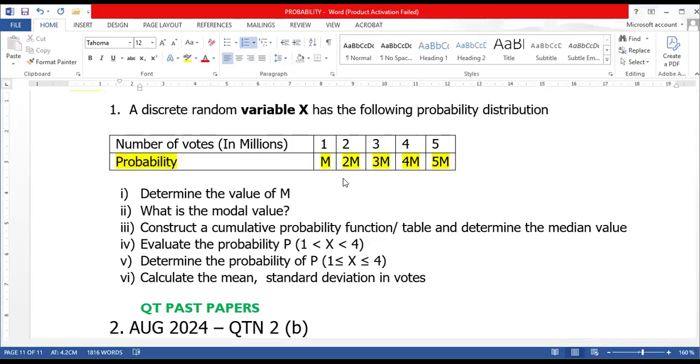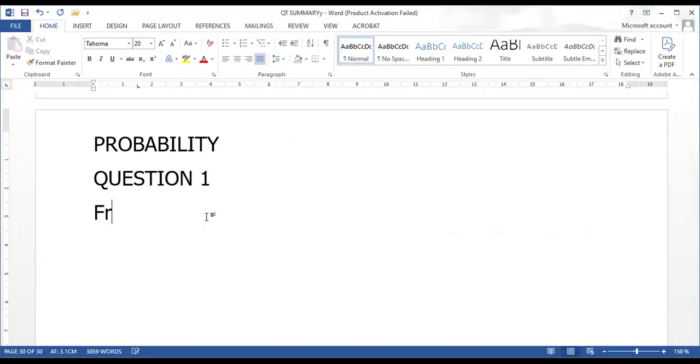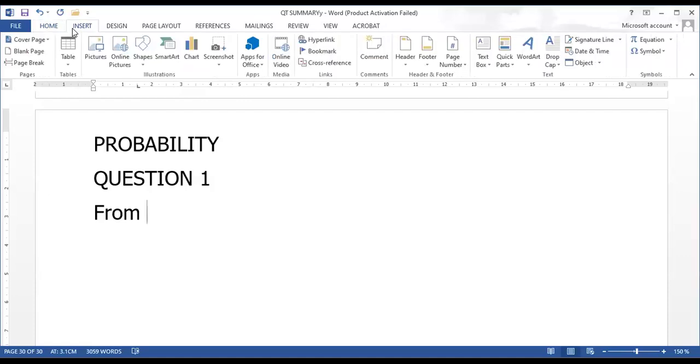So you're going to use that idea, from the summation of the probability, which is equal to 1.